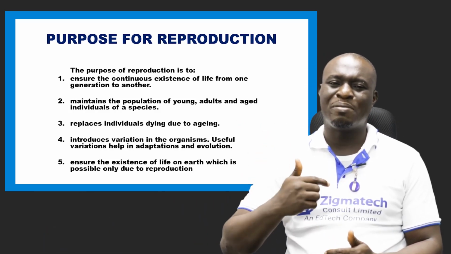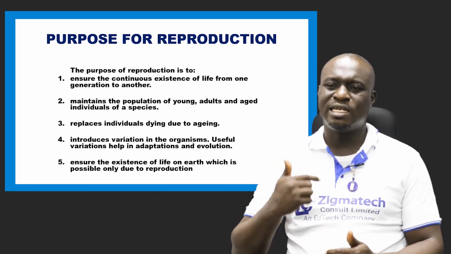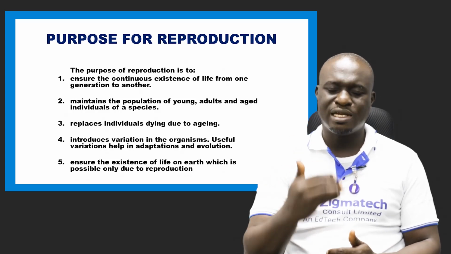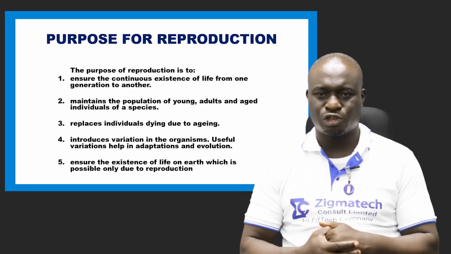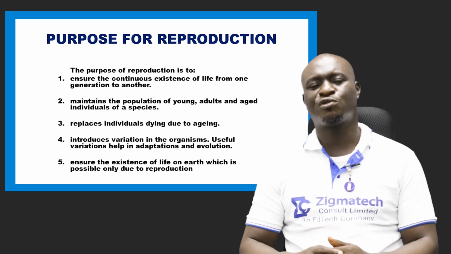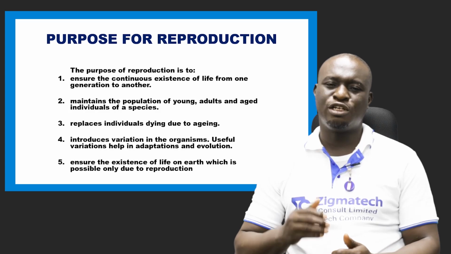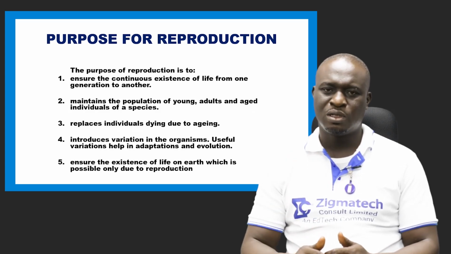But for us to be able to replace individuals that are dying due to aging, one of the ways we can do that is through what? Reproduction. And number 4 purpose for reproduction is to introduce variation.